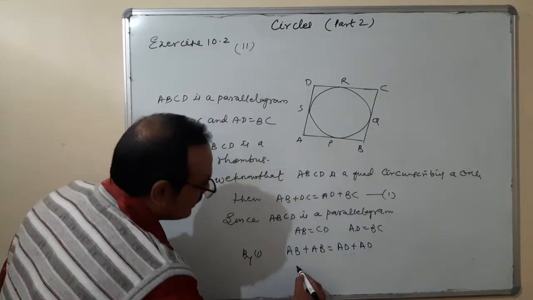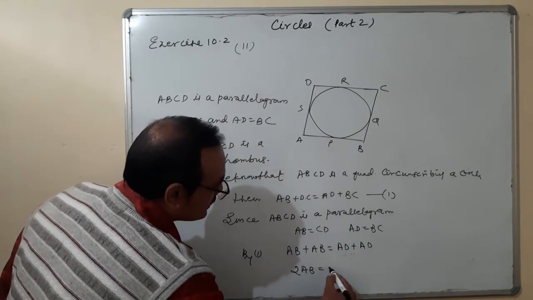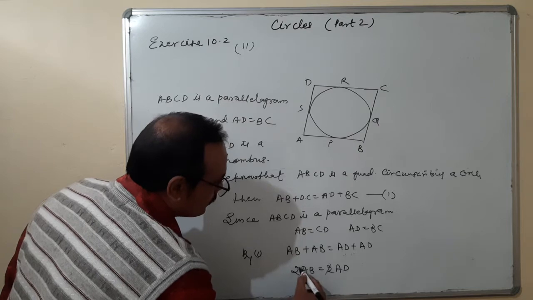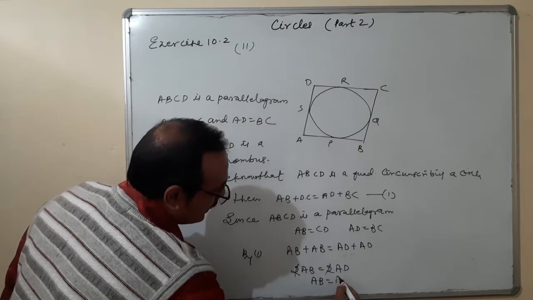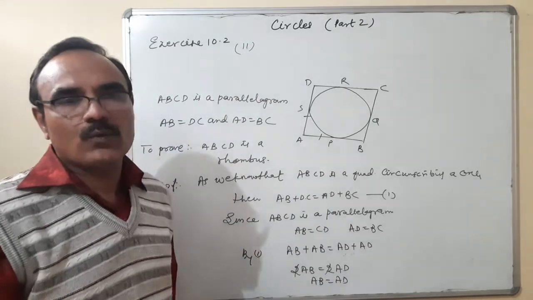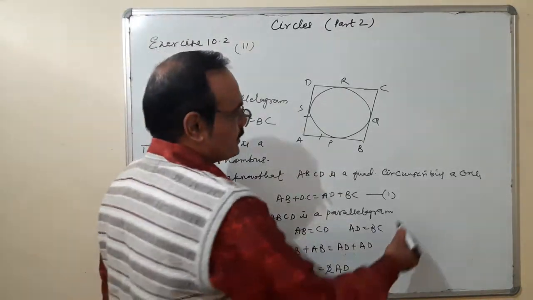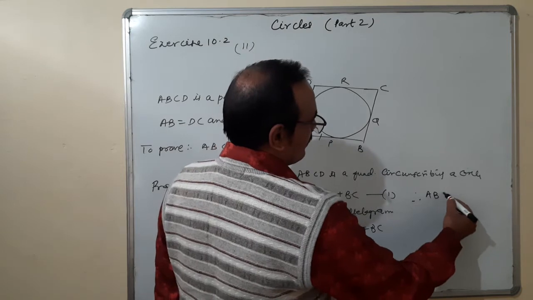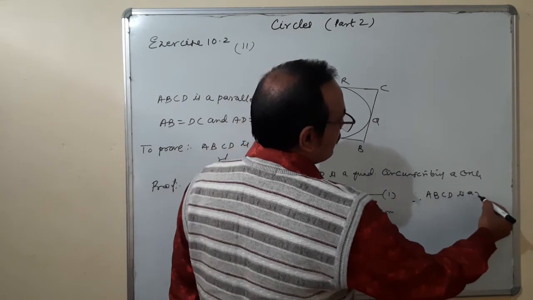So it is coming 2AB is equal to 2AD. 2 cancel, AB is equal to AD. And AB is equal to AD, what does it mean? Adjacent sides are equal, therefore ABCD is a rhombus.